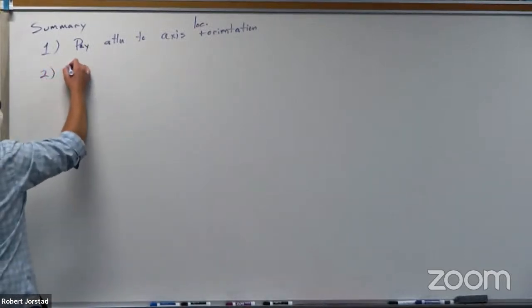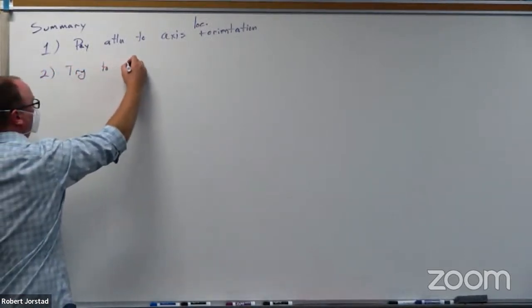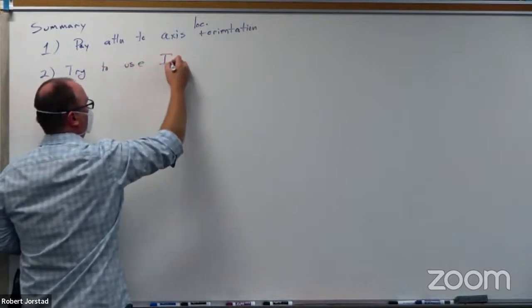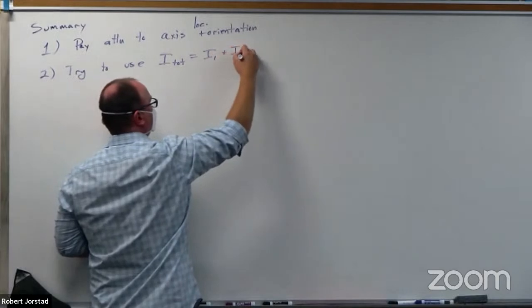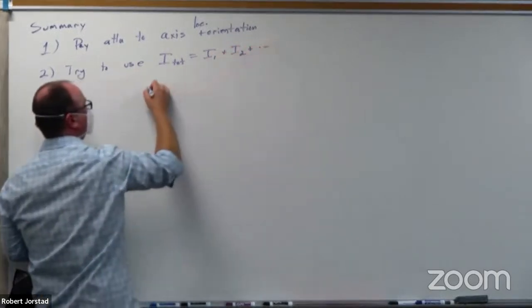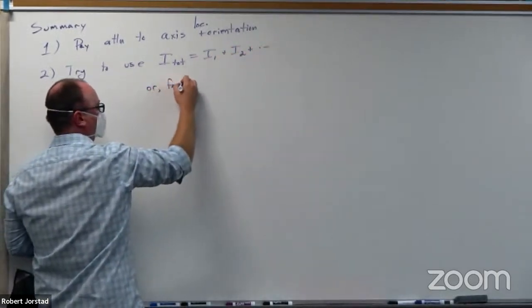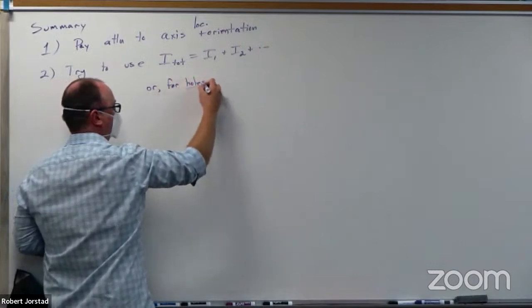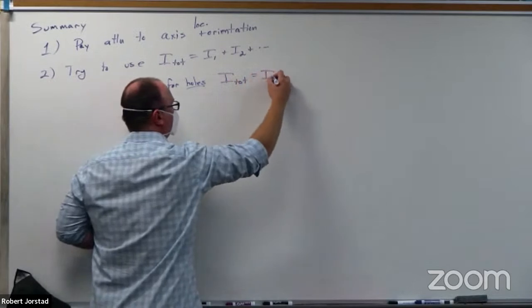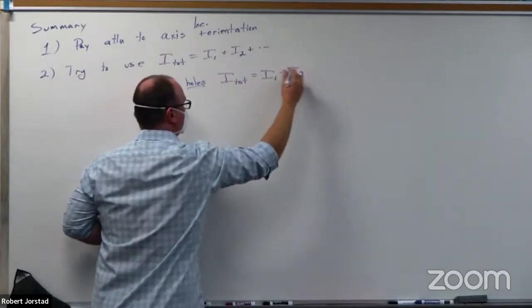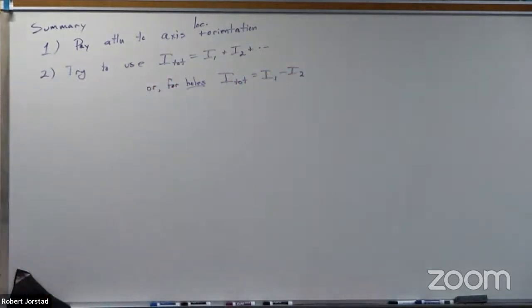2. We do the same thing for I1 minus I2 if you got a hole. Basically, try to just grab things out of the table and add them up.